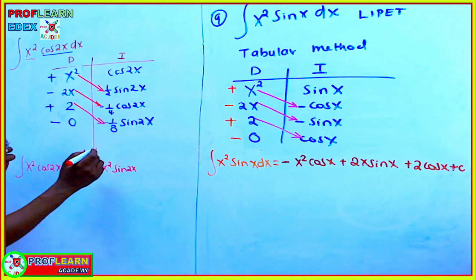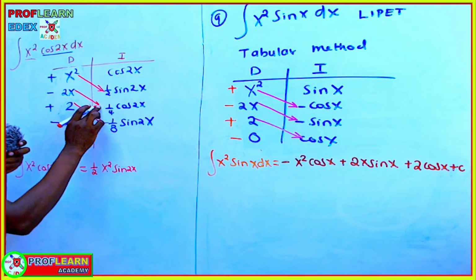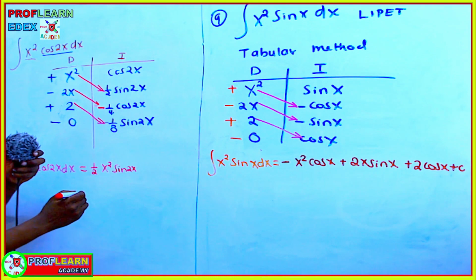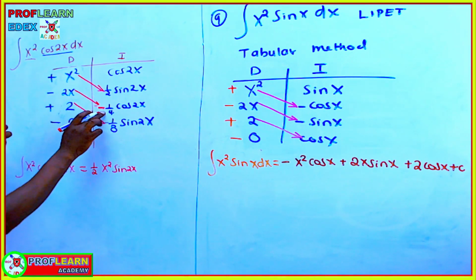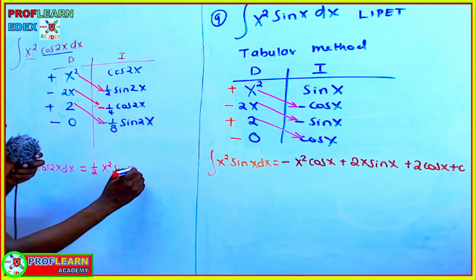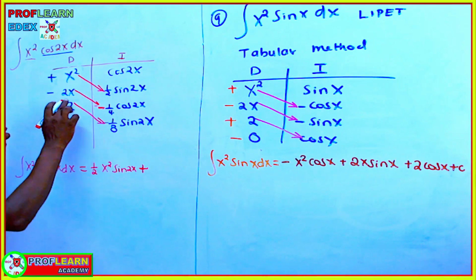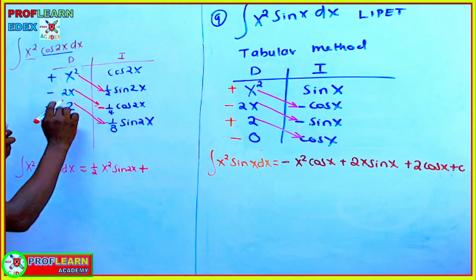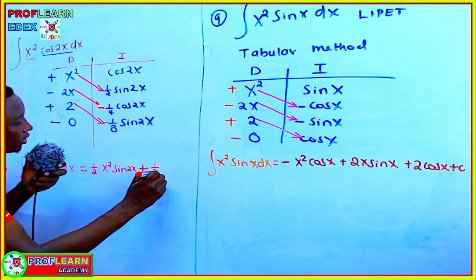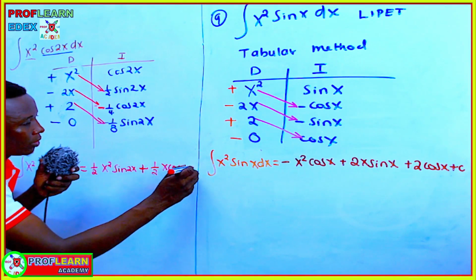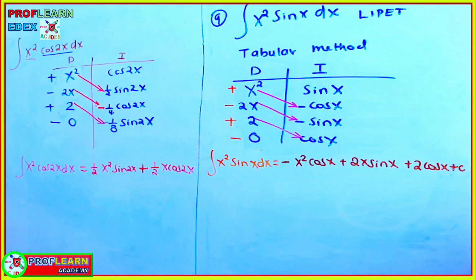This is a negative at this point, and you have to remember that. Negative times a negative will be a positive. So we are going to say plus, this is going to cancel, so we are going to have 1 over 2 x cos 2x at that point.